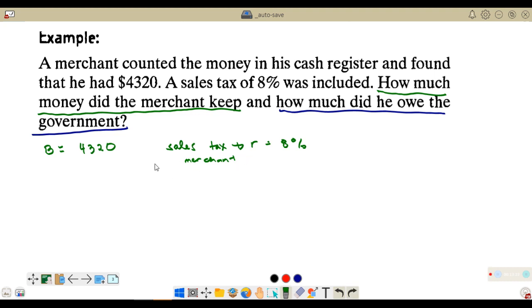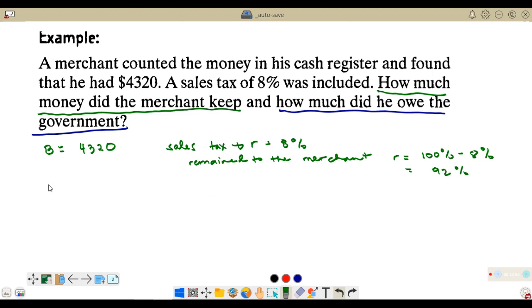So, remained to the merchant. Nahihirapan ako mag-construct ng sentence. So, kung ibabayad niya yung 8% sa tax, magkakaroon ka ng matitira kay merchant na 100% minus 8% or 92%. 92% yung matitira kay merchant.